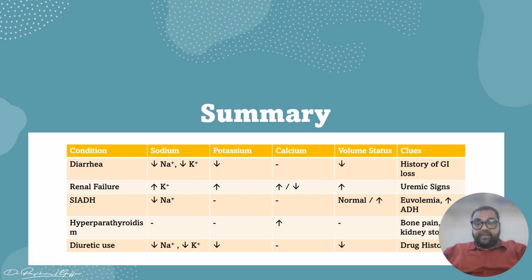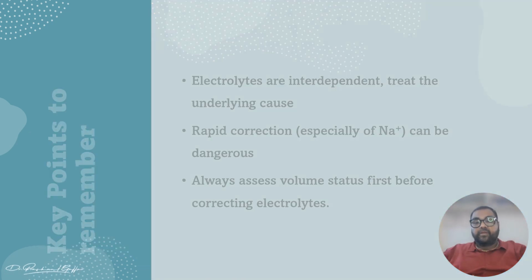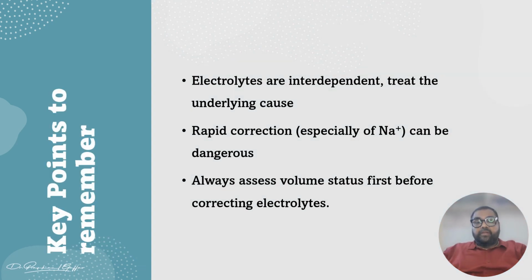Now, my friends, what are the key points to remember after this session? So, electrolytes are interdependent, and we have to treat the underlying cause. Electrolytes should be stabilized. We have to give rapid correction, especially for sodium, because imbalances of sodium can be dangerous.